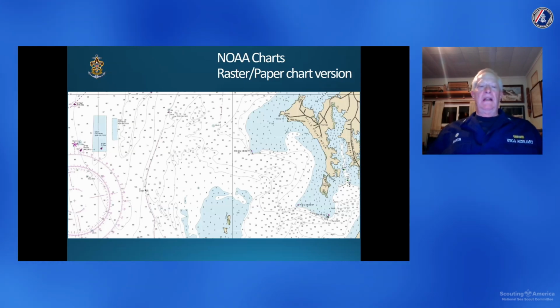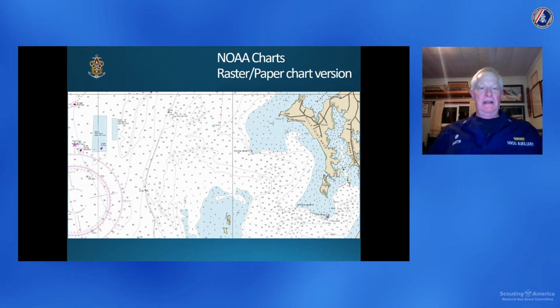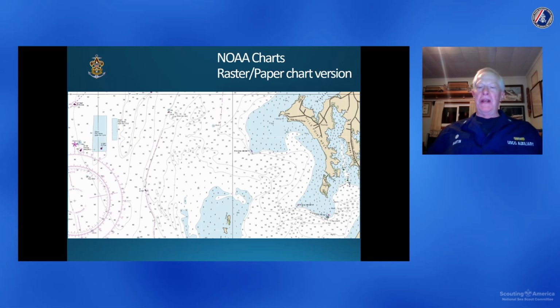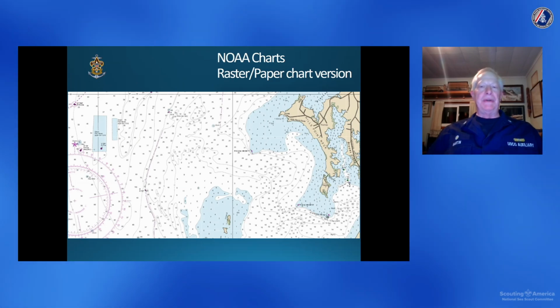So you're all familiar with the old raster paper nautical chart. Looks pretty clean. All the information is there. You don't have to go anywhere else. The only thing about it is if you wanted to set parameters or danger areas or anything like that, you couldn't do it.